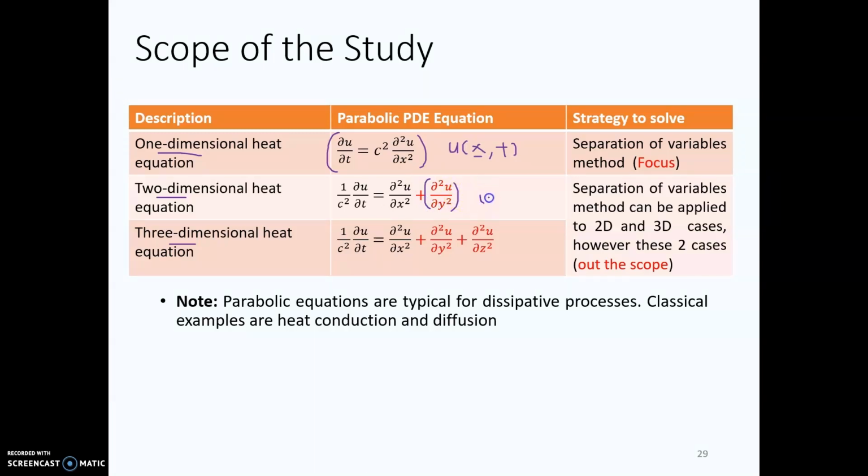In this case, you solve for u in two dimensions, which is x and y, with respect to time. If you have additional components in the y and z dimension, then you can solve for u in terms of 3D, which is x, y, and z dimension, with respect to time. In this study, you should focus on learning the separation of variables method in order to obtain the solution for the parabolic PDE here.